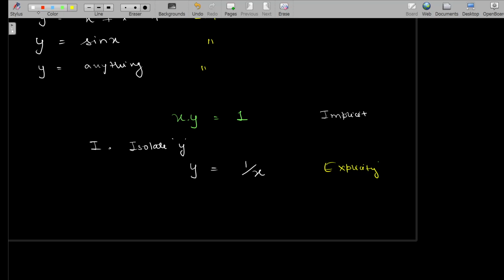And now you can find out y prime. That's just one way. So what will this be? The derivative of y, y prime, is equal to the derivative of 1 over x.